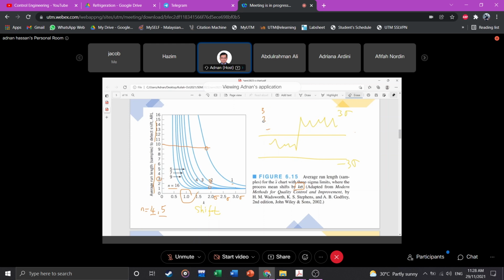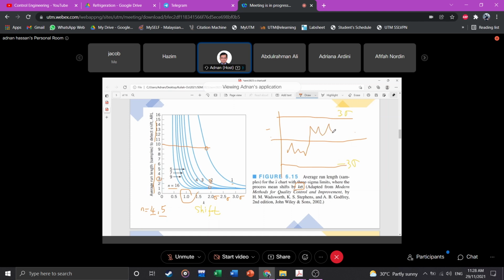Where is the shift of 1.5? A shift of 1.5 will be in the middle half of the control chart. This is the middle, this is 3, this is 3. So now let's say you are running a process, and suddenly a shift happens like this.